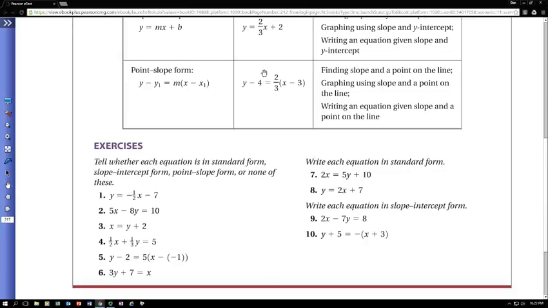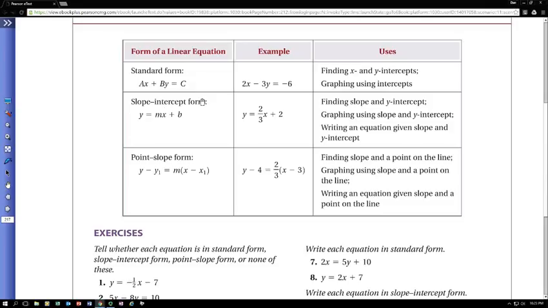So again, here's a summary. We have standard form. If they want us to use standard form and leave it there, we use intercepts. I put 0 in for x and figure out what y is. I put 0 in for y and I can figure out what x has to be. Those are intercepts. All values on the y-axis, the x-coordinate is 0.